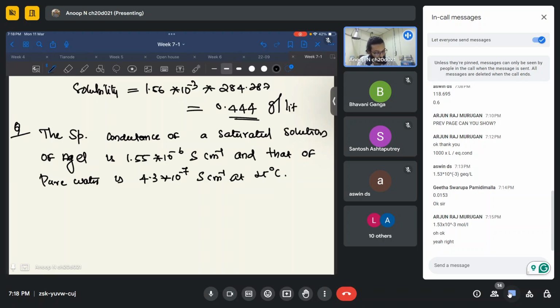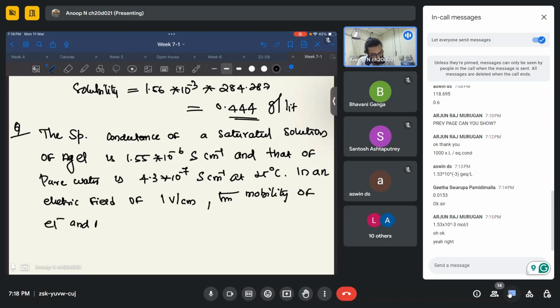In an electric field of 1 volt per centimeter, the mobility of Cl minus and Ag plus ions are 5.6 into 10 raised to minus 4 and 6.8 into 10 raised to minus 4 centimeters per second respectively.